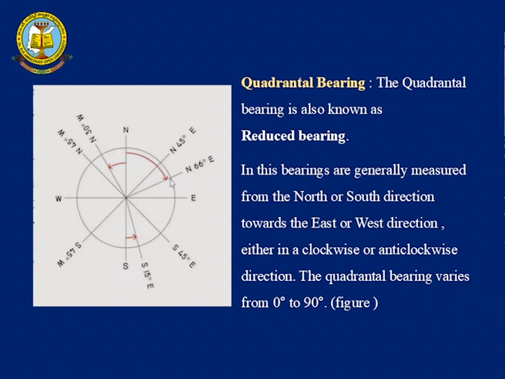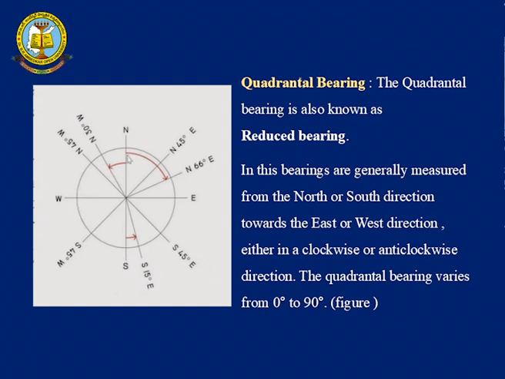The direction toward east or west can be taken either clockwise or anti-clockwise. In this figure it varies from north to east 90 degrees, again east to south 90 degrees, and like that.